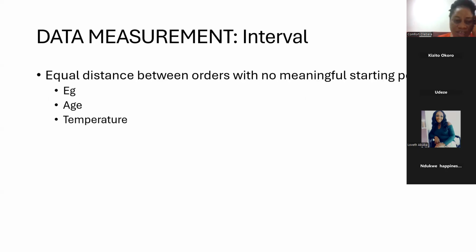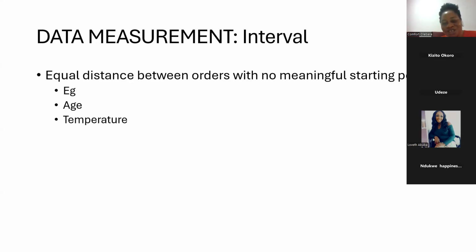Then we have interval. Interval has equal distance, but no measurable starting point. What I mean by no measurable starting point is, for example, temperature is 74, say the temperature of water or something.